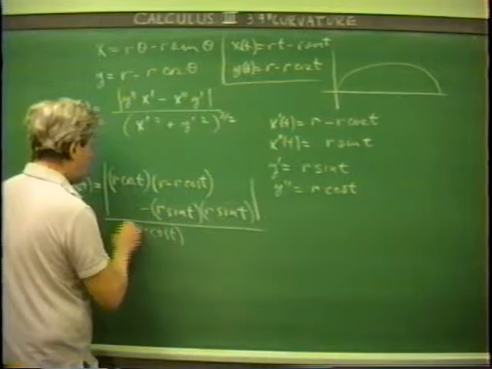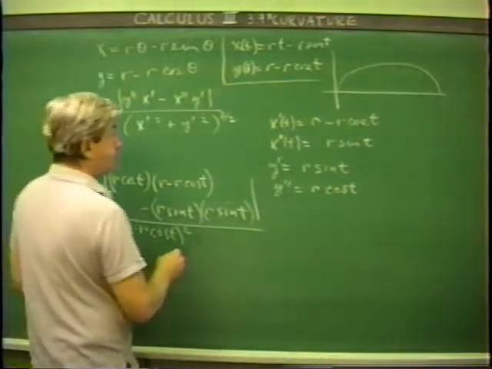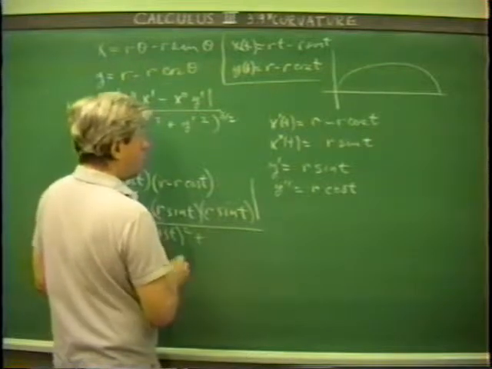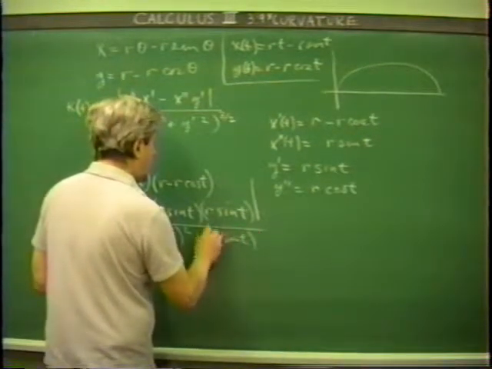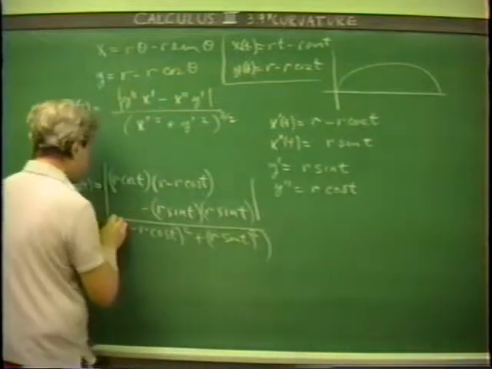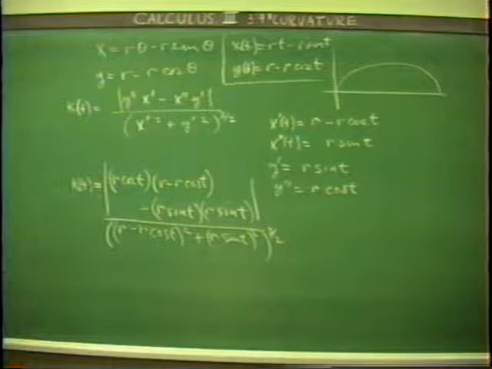That's to say r minus r cosine t, quantity squared, plus r sine t, quantity squared, and now we need all of this to the 3/2 power.